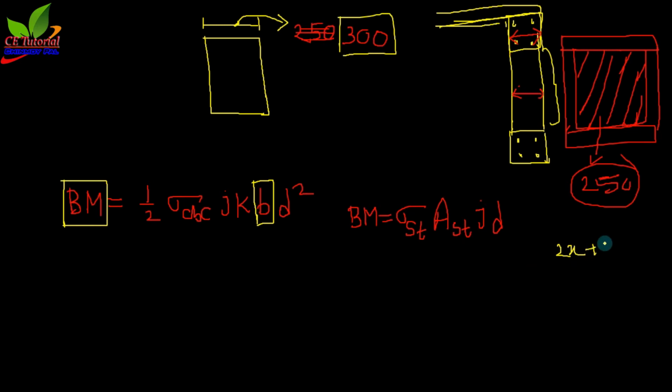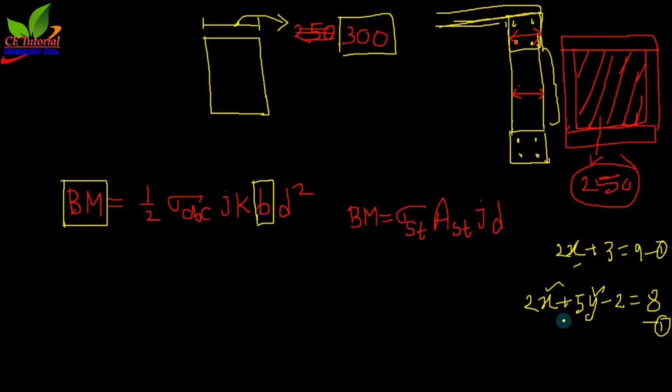Suppose 2x plus 3 is equal to 9, this is one equation, so we can calculate the value of x. Now if you have the equation 2x plus 5y minus 2 equals 8, you can't solve it because it is only one equation and you have two unknowns, x and y.